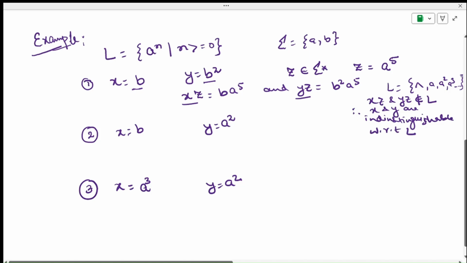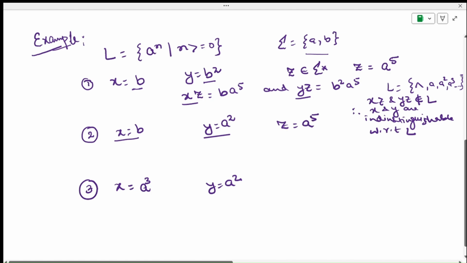Now let me take another example. x is b and y is a square. Remember both the strings x and y belong to sigma star, and we know that sigma is {a, b} here. So take one z, again a raised to the power 5.